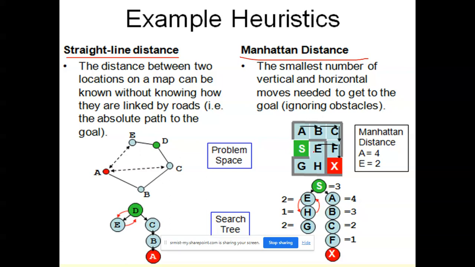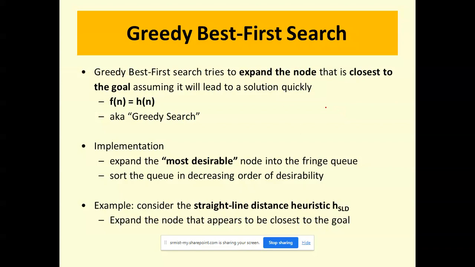In Manhattan distance, you move the horizontal way and the vertical way, and every time you switch from one state to another, it should have the lowest or shortest distance. In that way, it is classified.